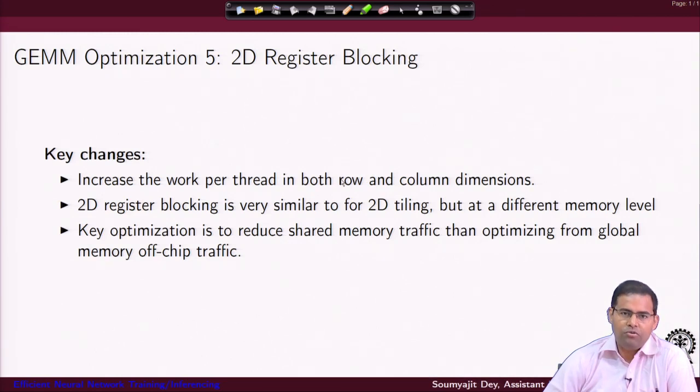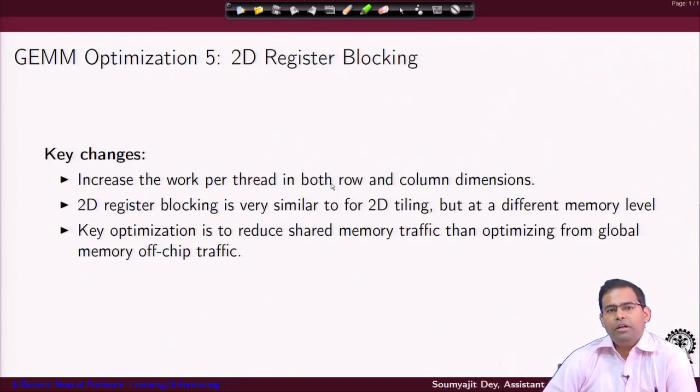So, essentially we are doing the register loads in such a way that it's similar to 2D tiling that we discussed for the shared memory based optimization for matrix multiplication, but this is done at a different level. So, let us just replicate the idea that you are doing a 2D shared load of data from the global memory to the shared memory.